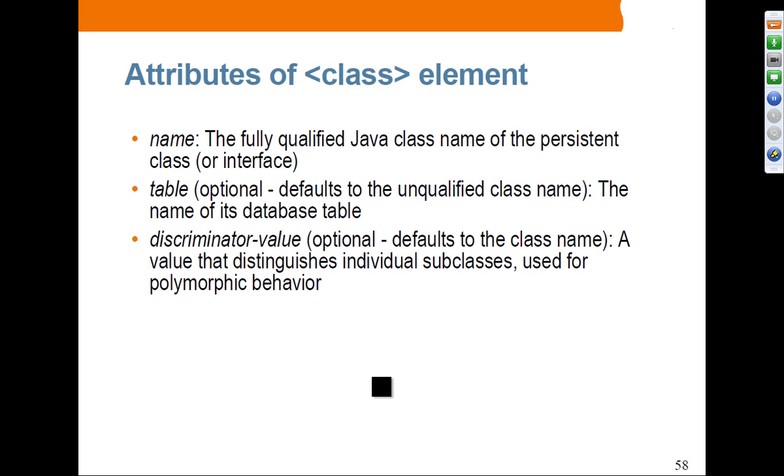In that case, there is in fact what is called the discriminator value, which specifies the name of the column, and that column should indicate which subclass a particular entry is about. But if you don't understand what I'm talking about for discriminator value, don't worry about it. We'll look into this later on in the Hibernate mapping presentation. So for now, the important attributes are name and table.